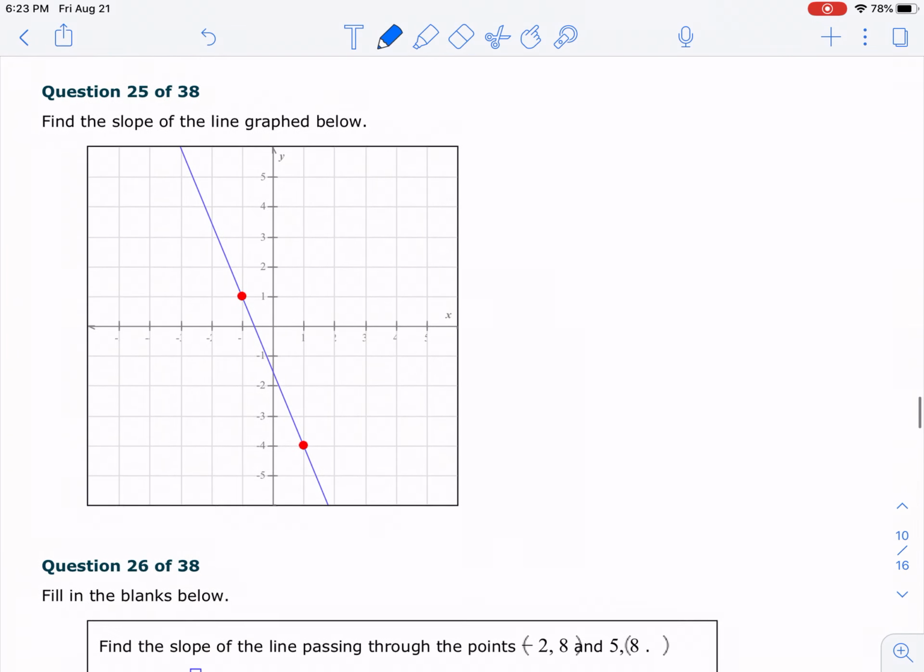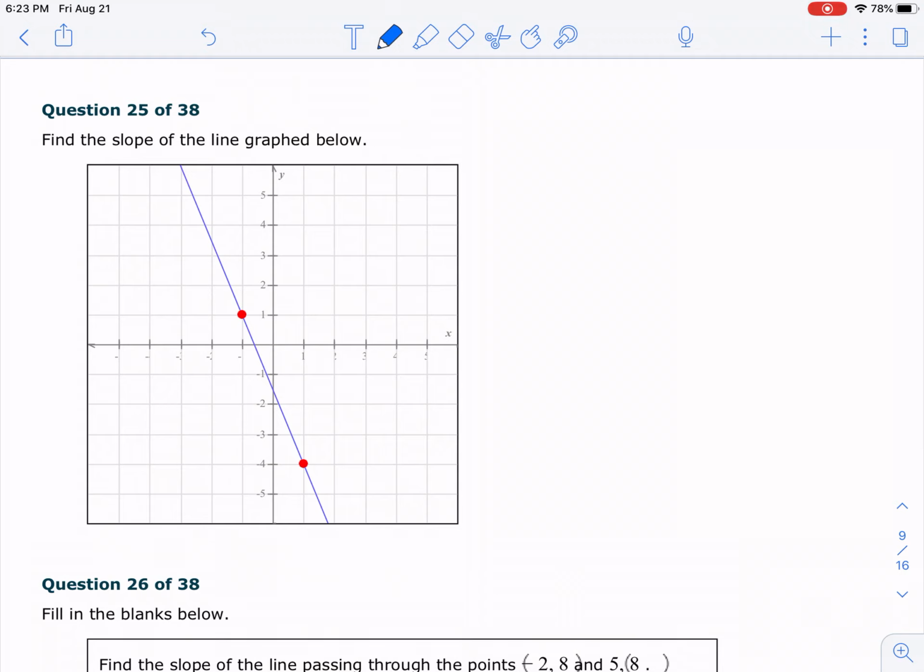Now, the slope, hopefully you still remember the slope. The slope is rise over run, right? Which is y2 minus y1 over x2 minus x1. However, when you have the graph, I think it's easier to just count from point 1 to point 2.